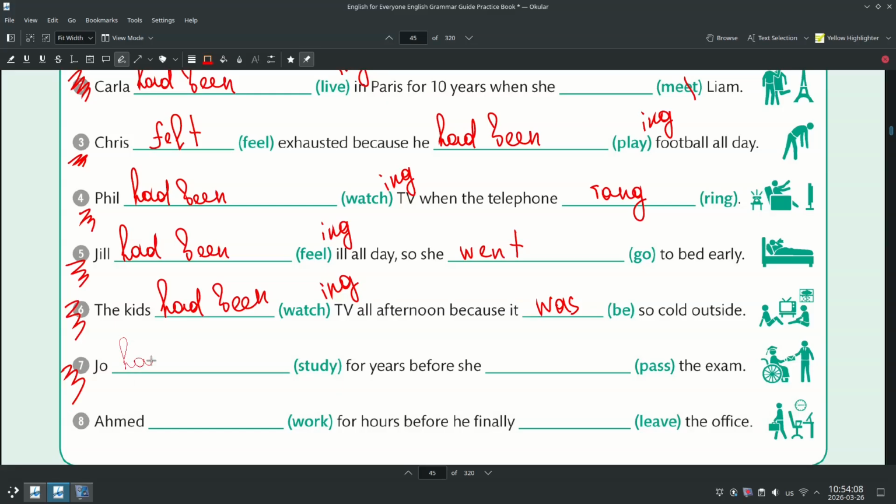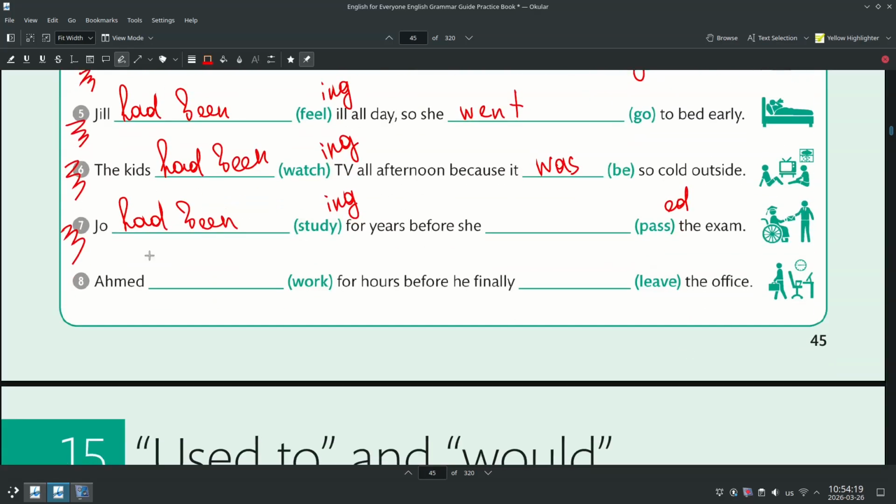Jo had been studying for years before she passed the exam. Number 8. Ahmed worked for hours before he finally leave the office. He had been working for hours before he finally left the office.